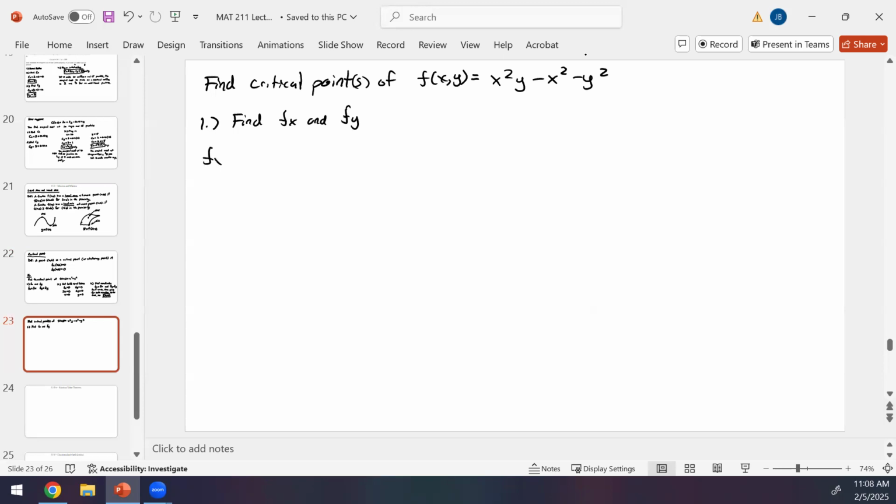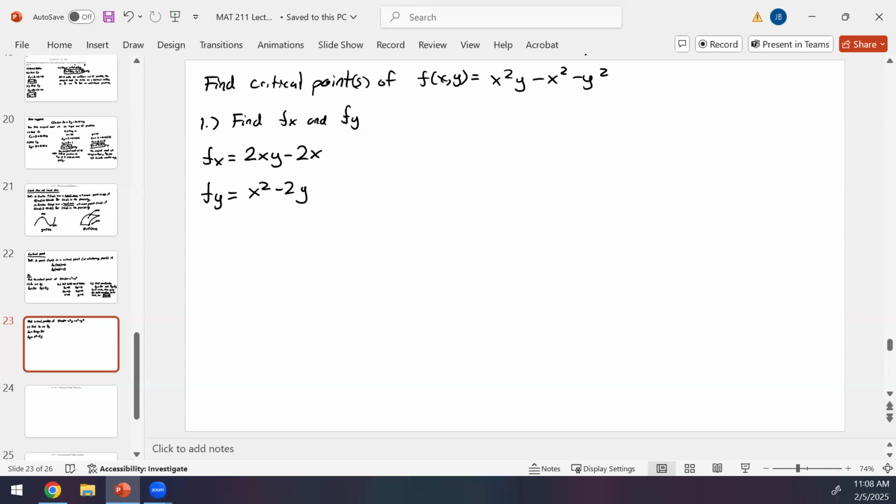So the partial derivative with respect to x is going to be, well, I have x squared times y, so that's going to be 2x times y because the y is treated as a constant. Minus x squared becomes minus 2x, and then minus y squared becomes 0 because it's just a y term. And then fy, we're going to get x squared because the y becomes 1, minus 0 because x squared has no y term, and then minus 2y.